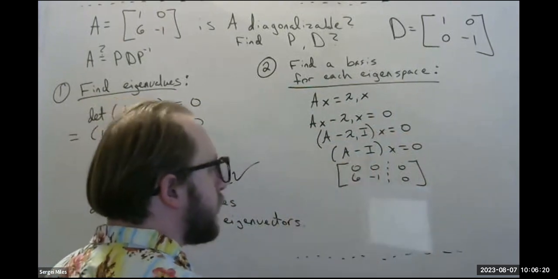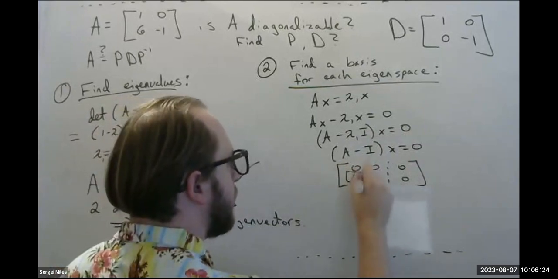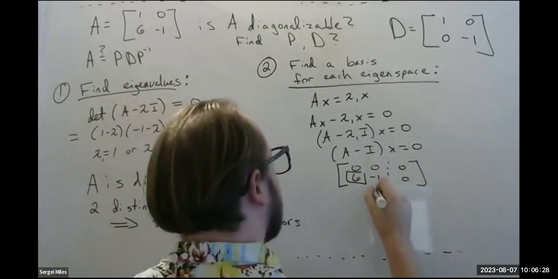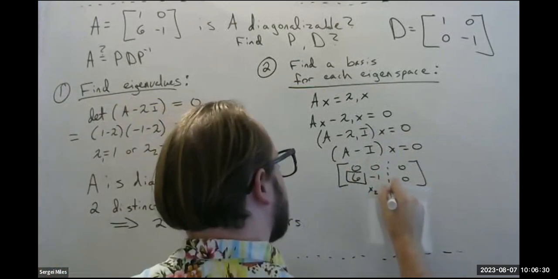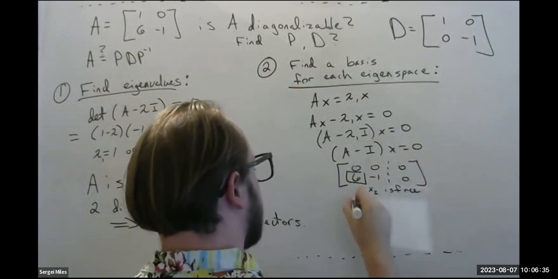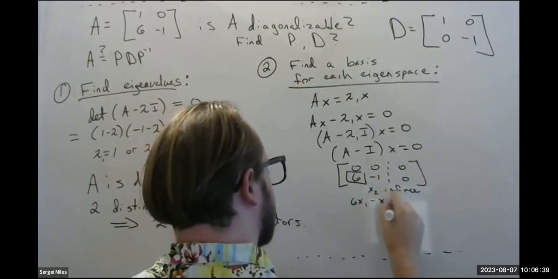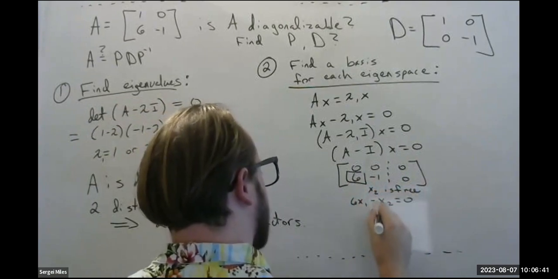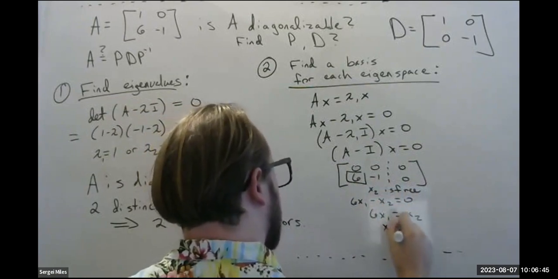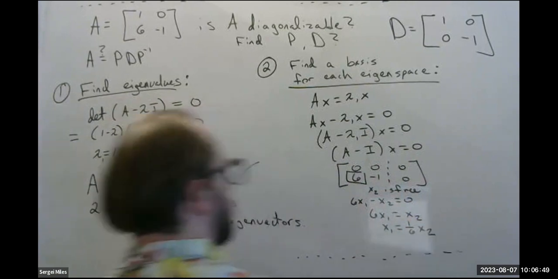I can swap row 1 and row 2 if I like, but we can already tell by looking at this, I'm only going to have this one pivot, right? x2 is free. So what's x1? 6x1 minus x2 equals 0. 6x1 equals x2. x1 equals 1/6 x2.